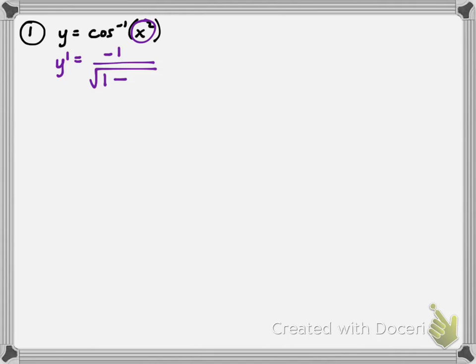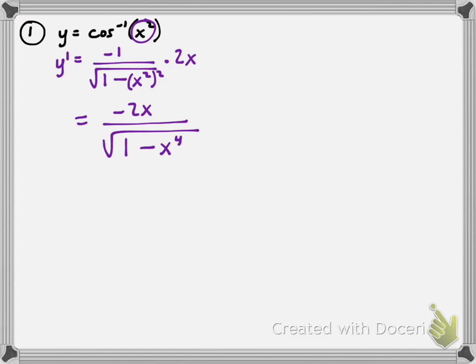So x squared squared, I'll just write it as x squared squared. And then multiply that by the derivative of the u, which in this case is x squared, so the derivative would be 2x. And so we can write it like this: negative 2x divided by the square root of 1 minus x to the 4th, and that's as far as we're going to take that.